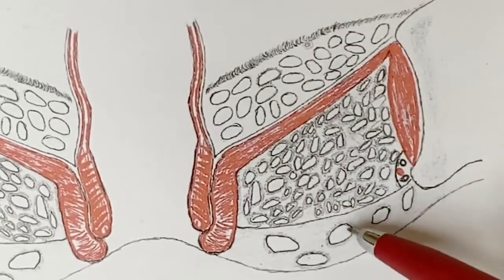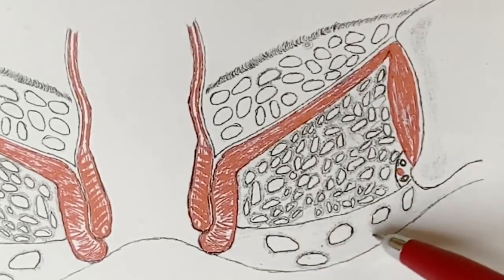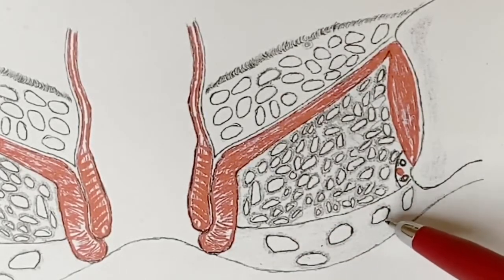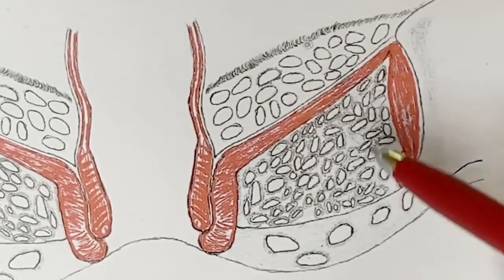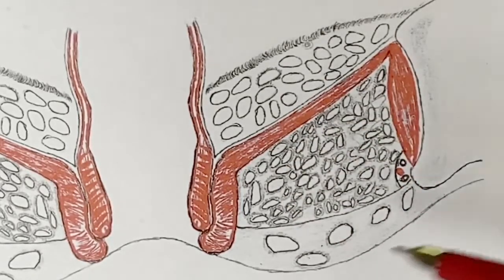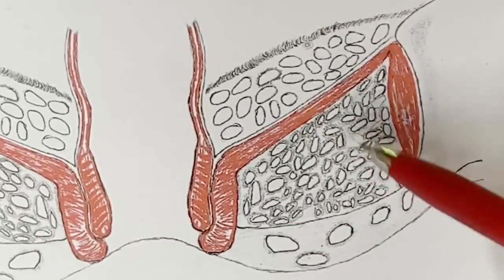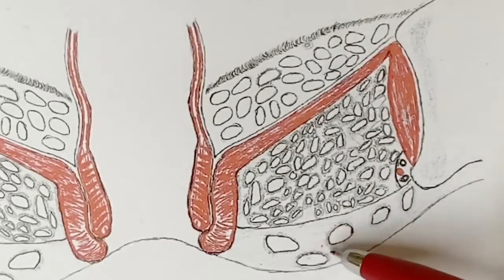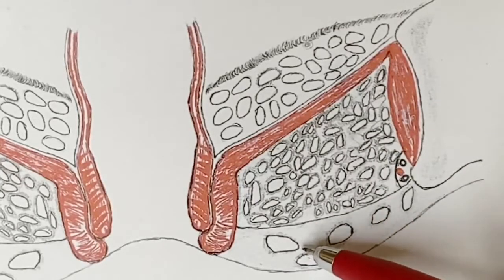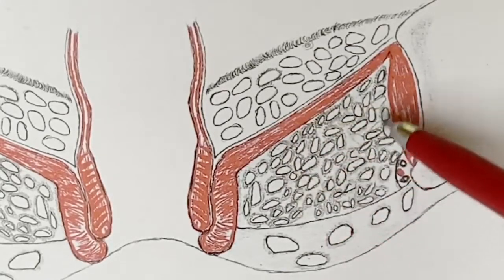You can see in the figure the fat lobules which are loosely arranged in the perianal space, and here they are densely arranged, but this space is more taut than this. So any abscess or collection in this area will lead to a more painful condition than a collection in the ischiorectal space.